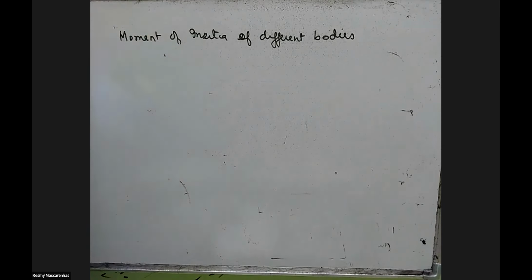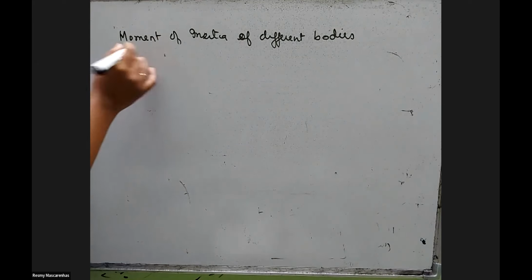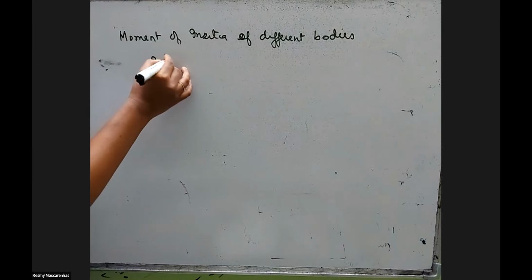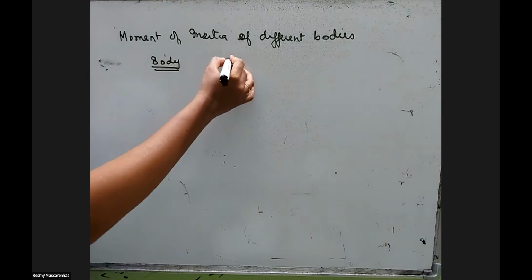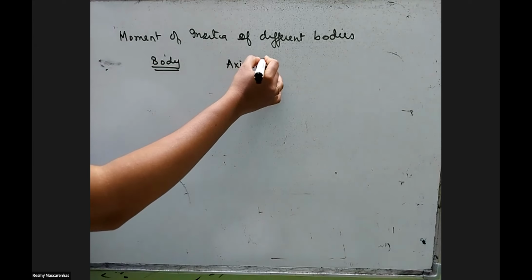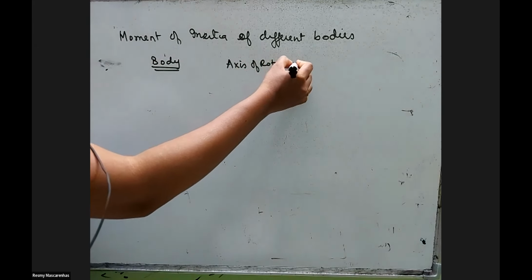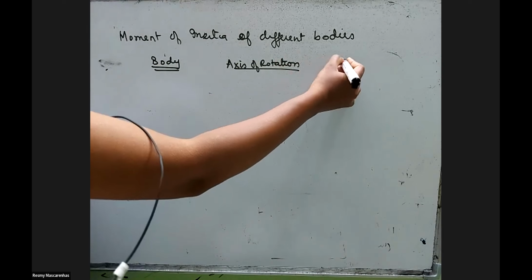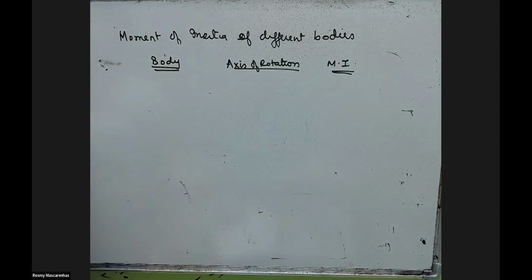First one. This will be the body, this is the axis of rotation, and this is the moment of inertia. Okay, first one is a thin rod.